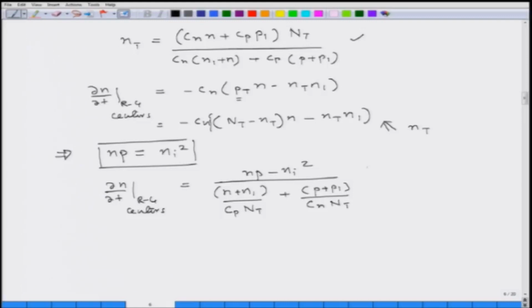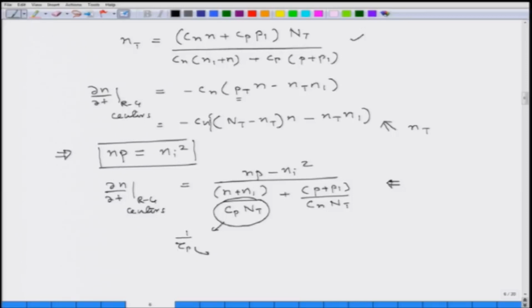Now, this expression is going to be generally true. In a steady state it defines the recombination rate for electrons due to R G centers, recombination generation rate due to R G center will be given by this, and this gives us the opportunity to define another parameter, and that is basically this capture coefficient times N t. This we are going to define as 1 over tau of p.